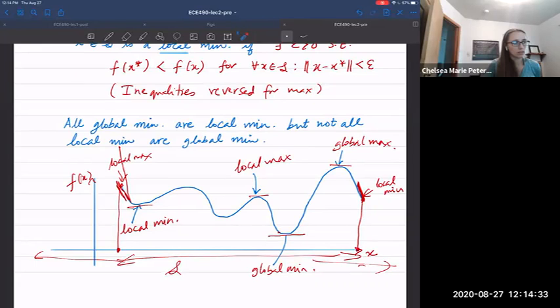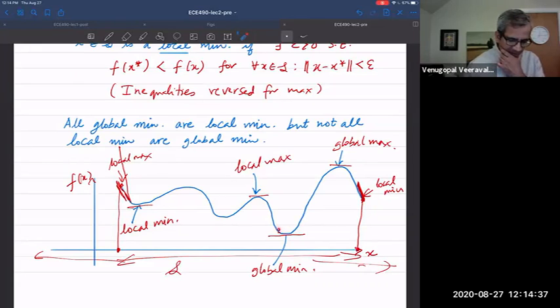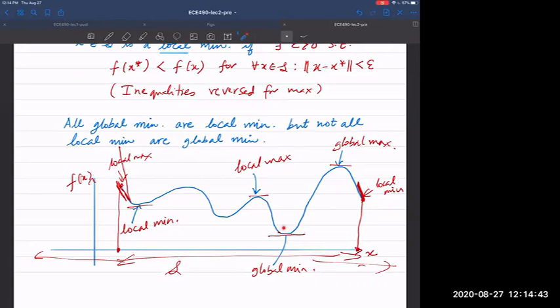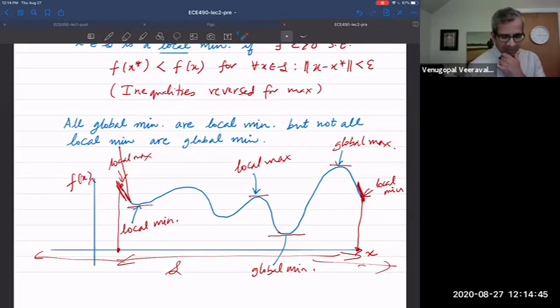It's convex. Yes, it's locally convex. What's that as a derivative condition? Second derivative is positive. Very good. So the second derivative is positive here, and the second derivative is negative for a local max.